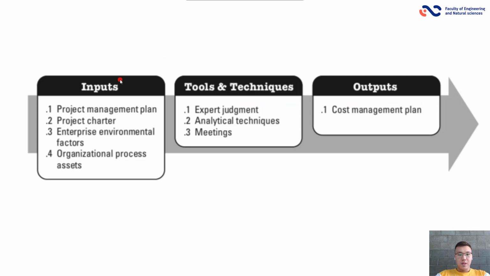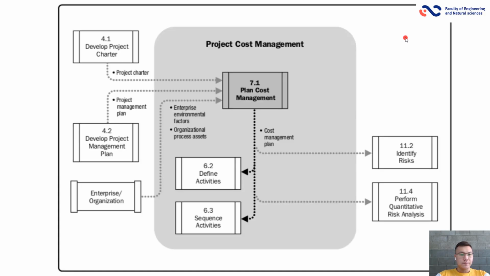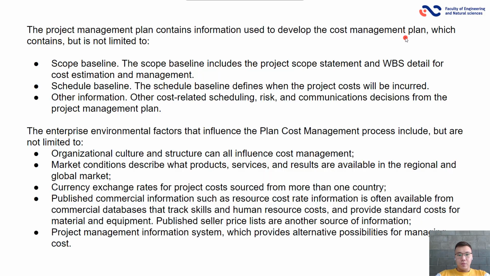As I mentioned, here you see the inputs, tools and techniques, and outputs. It's a workflow. The project management plan contains information used to develop the cost management plan, which contains but is not limited to the scope baseline, schedule baseline, and other information.